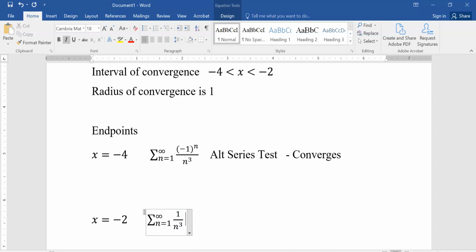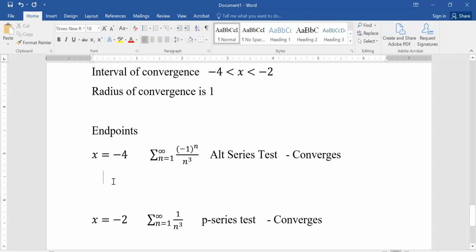Now, that's a p-series test. In this case, p is 3. So because p is 3, this series converges as well. So in this case, the power series converges at both of my endpoints.